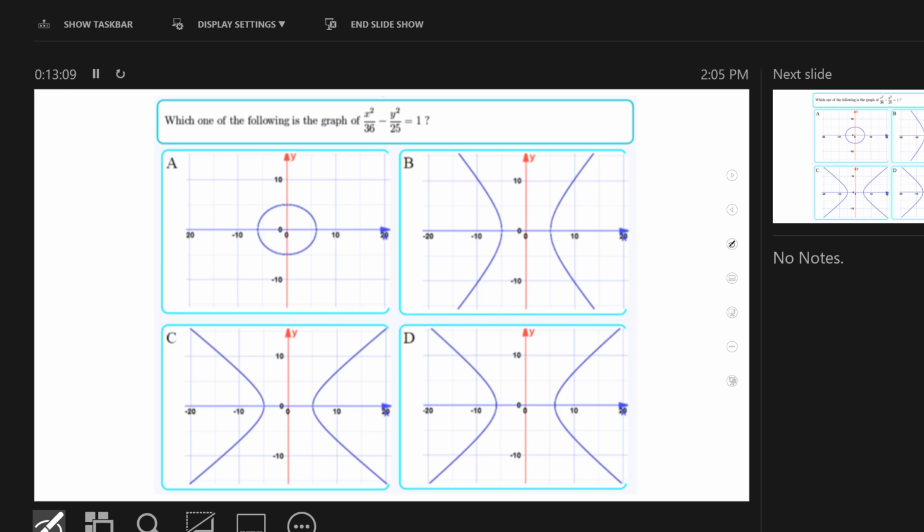Good. All right, which of the following now is the graph of x squared over 36 minus y squared over 25 equals 1? What makes you say D, Alice?